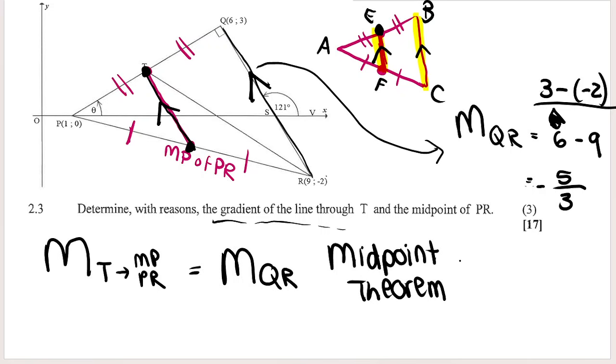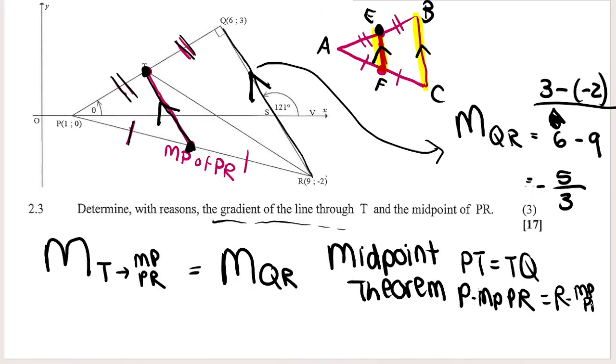And what information did they give us? We know that PT is equal to TQ. That's these two lines here. Those are equal. And then we also know that P to the midpoint of PR is equal to R to the midpoint of PR. It would be much easier if we had a name for this one over here.